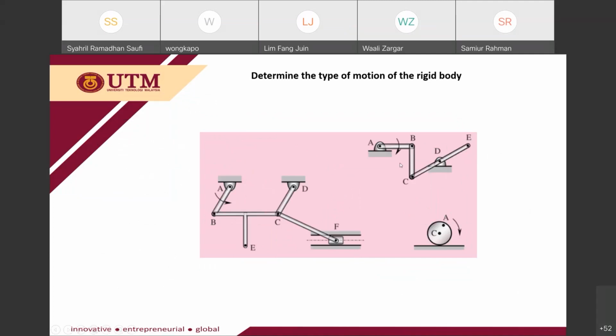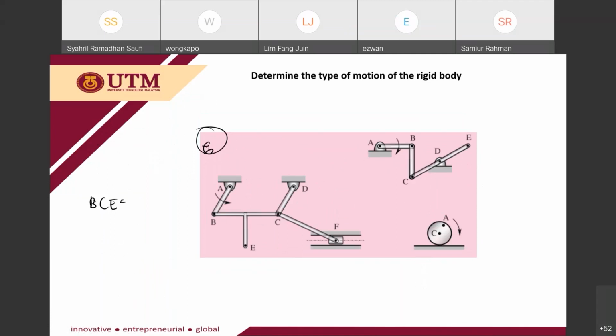Okay, we have another example. This one is figure 4, 5, 6. What is the motion of BCE?